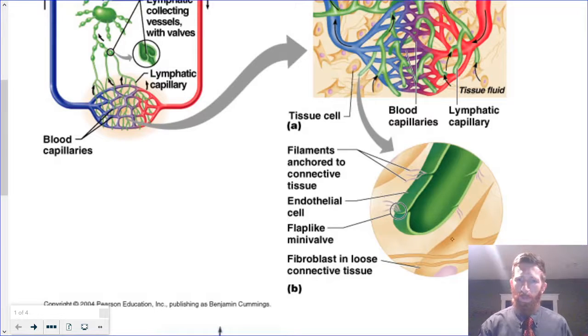If there's higher pressure, if there's more fluid outside, then the lymph fluid, what used to be blood, goes into this little lymph vessel. But if there's more pressure inside, and the fluid wants to escape, then these little valves, it's like a trap door, just snap shut, so fluid can't escape from the lymph vessel. Once it gets in there, which is really easy to do, it's stuck in there.